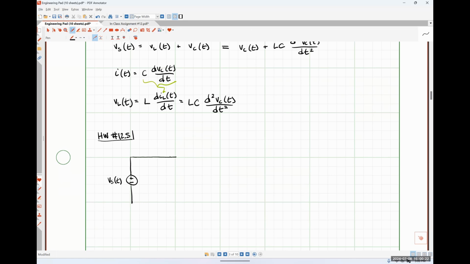And then we have technically two capacitors in series. We haven't really talked about that just yet, but I'm going to call this CEQ. That's the next thing that we're going to talk about. And then over here in parallel with that, we have some inductance L.